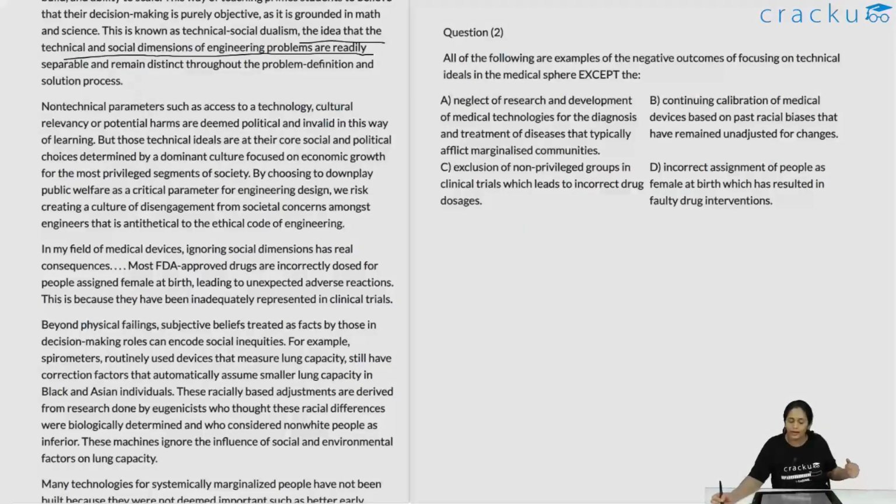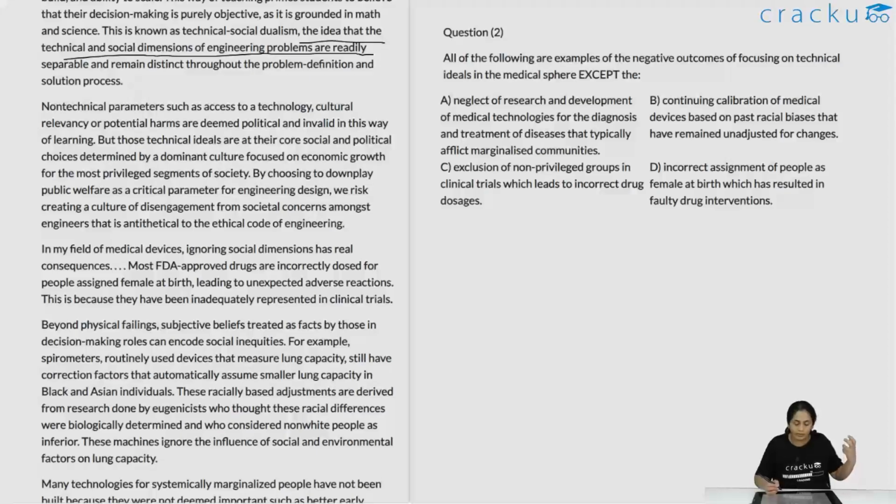All of the following are examples of the negative outcomes of focusing on technical ideals in the medical sphere, except: neglect of research and development of medical technologies for the diagnosis and treatment of diseases that typically afflict marginalized communities. This is given in the case of endometriosis of women. Medical devices were never made for that because those needs were never considered important.